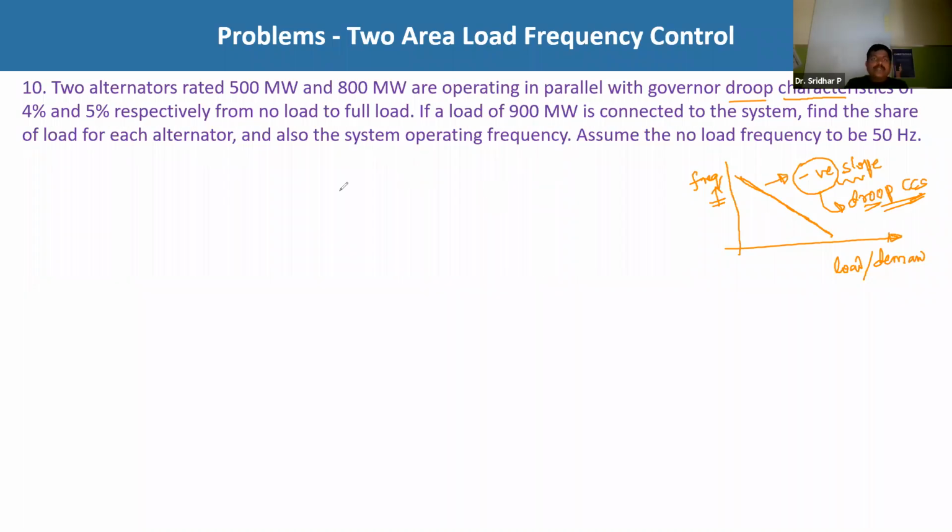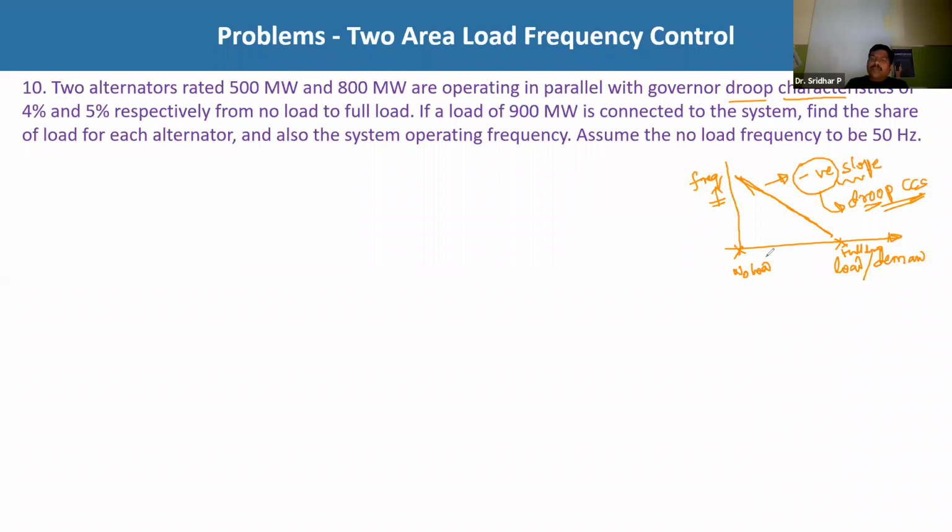So how many generators are there here? Two generators, 500 megawatts and 800 megawatts. The first generator droop is 4%. The second generator droop is 5%. Now this is from no load to full load. Yes, this is in the graph itself. Now this is drawn between the reference axis. So this point is the no load, and this is the full load point.